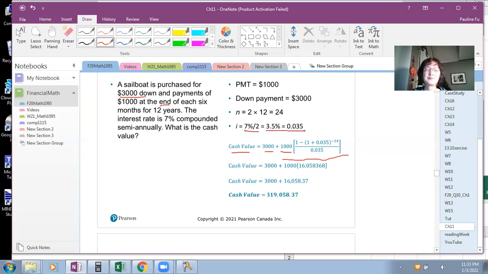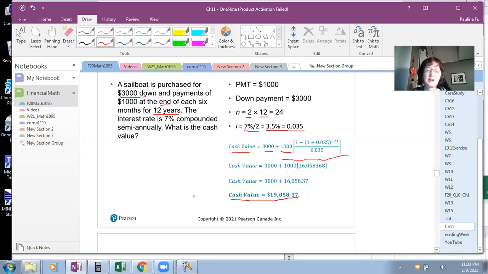This is I. N is over 12 years. In 1 year, you make 2 payments, so term N is 2 times 12. Every year, you make 2 payments, and this happens for 12 years. And you plug in the numbers and work out the cash value. So this is the formula method.